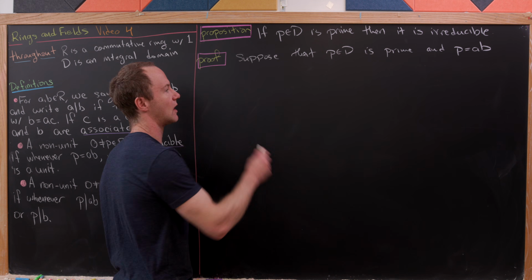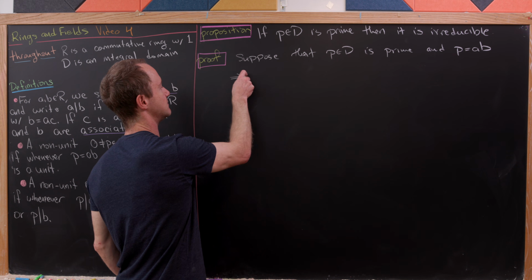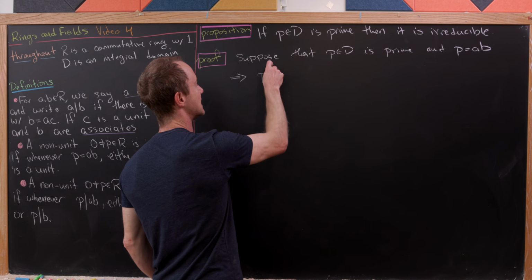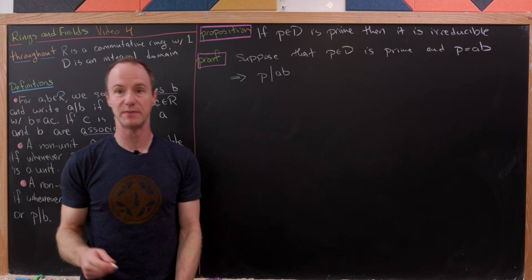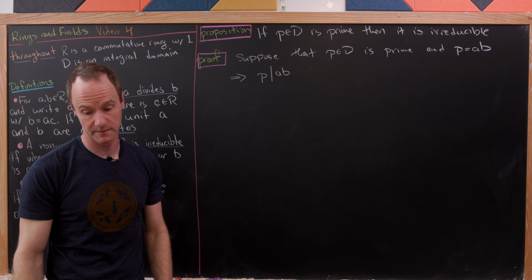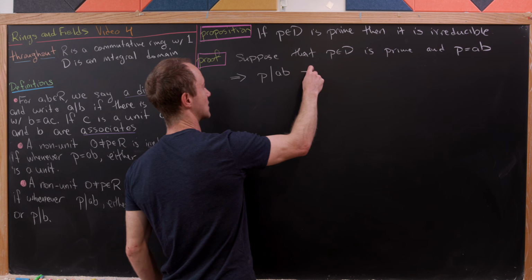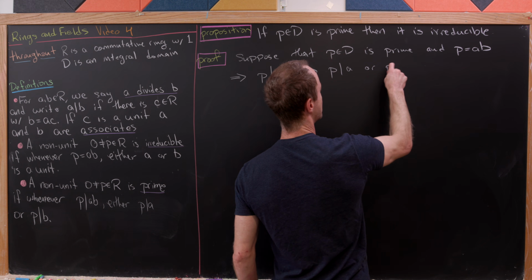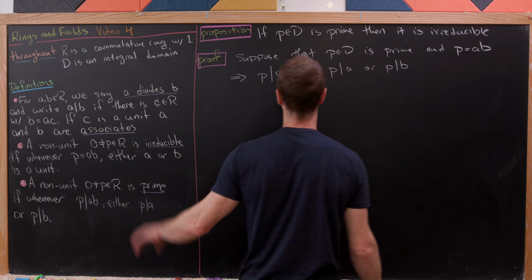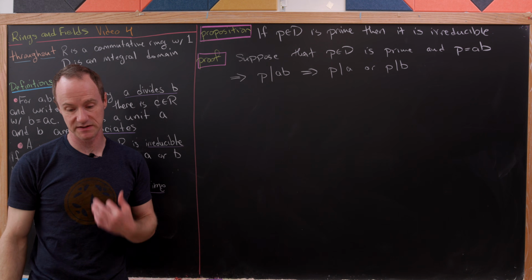This shouldn't be too hard. Observe this means that p divides a times b, because p is equal to a times b; p divides itself for sure. But that means that p divides a or p divides b by the definition of a prime element.